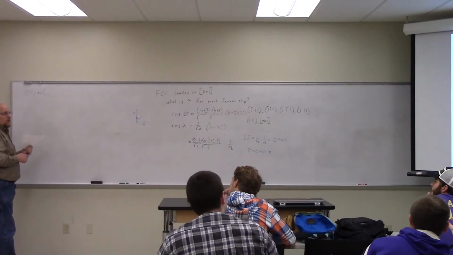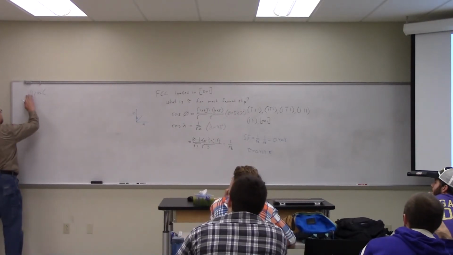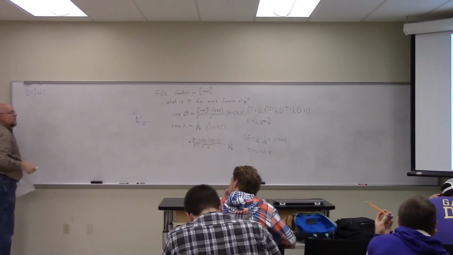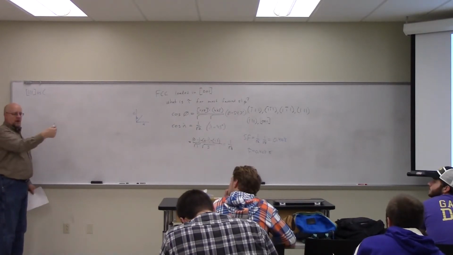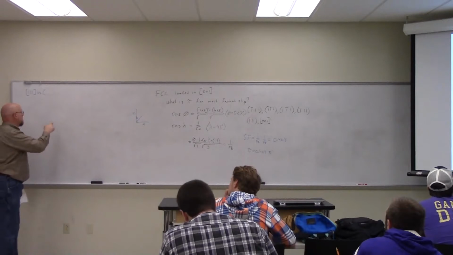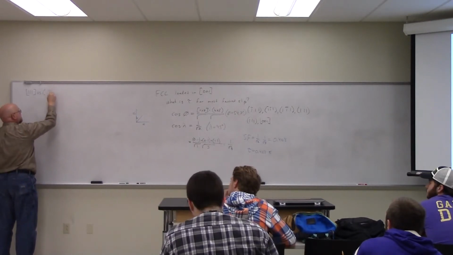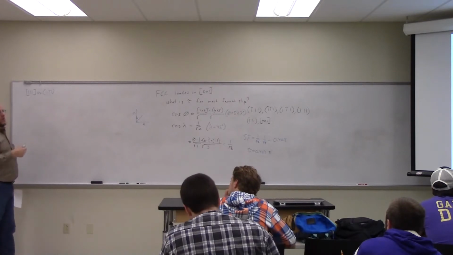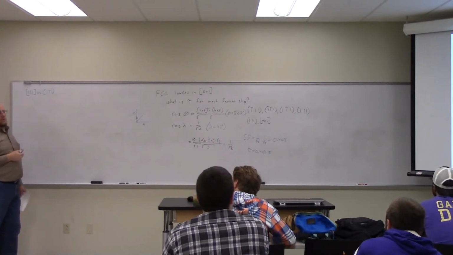So, I'm sorry, this is 1, negative 1, 1. Did everybody see that? And what is the direction if I'm pulling in the 1, 1, 1 axis?